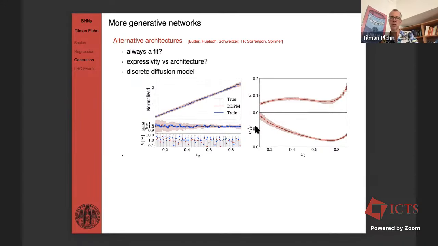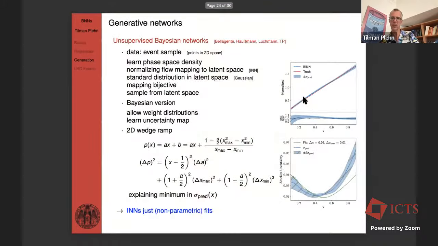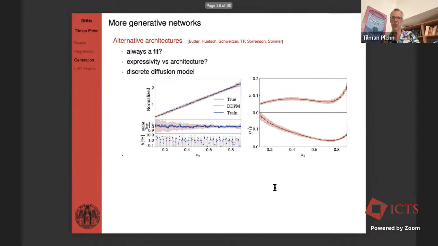For the DDPM model, you see that the absolute uncertainty sigma, which looked so nice here and had this distinct minimum, has some structure, but it's not that anymore, which means there's probably something like a fit going on here. However, the functional form isn't as well defined as it is for the INN, for the normalizing flows.